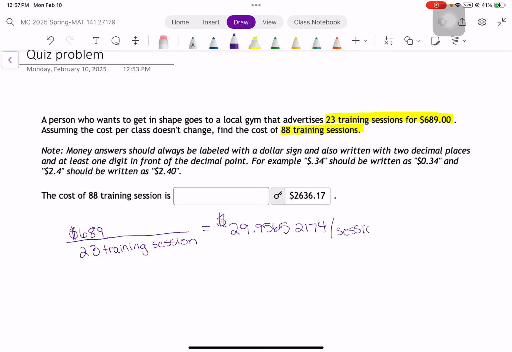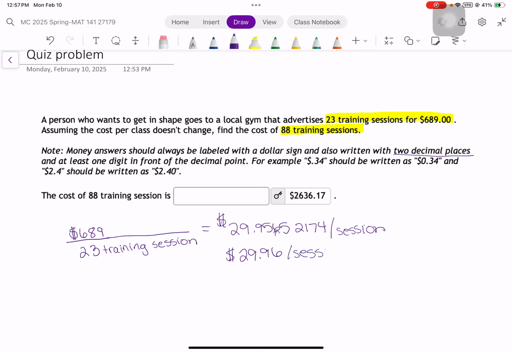But what you did now is you followed those rounding rules here where it says rounding to 2 decimal places. So you used this value. This would be $29.96 because of this 6 in that next place value.